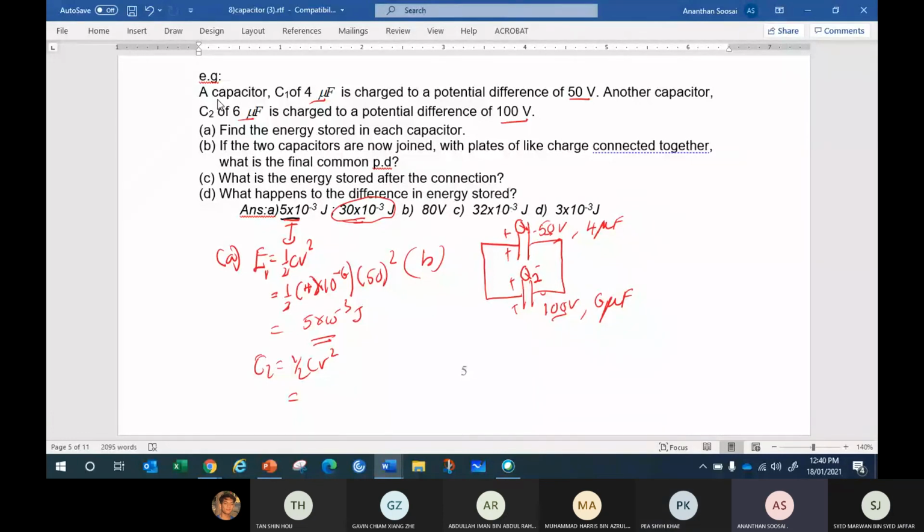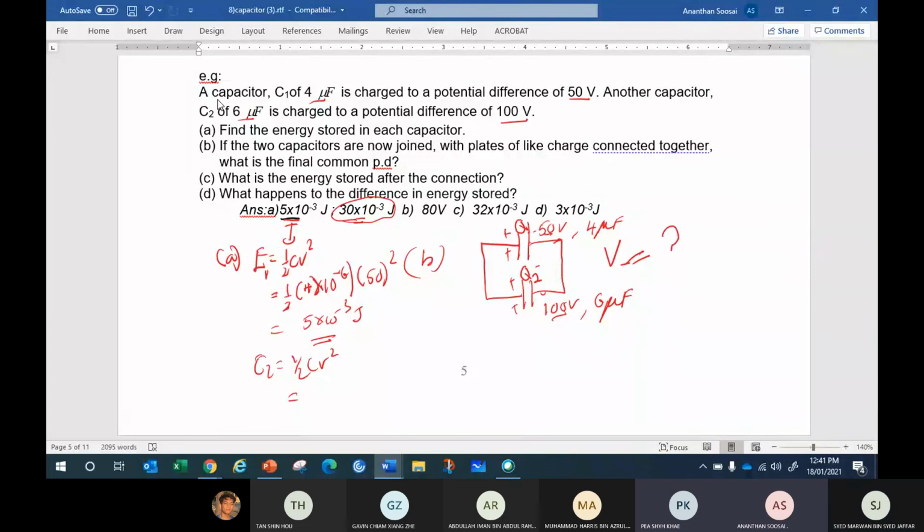Some charge from the negative plate of Q2 will flow to 1. The charge will flow until the both voltages become the same, a uniform voltage.